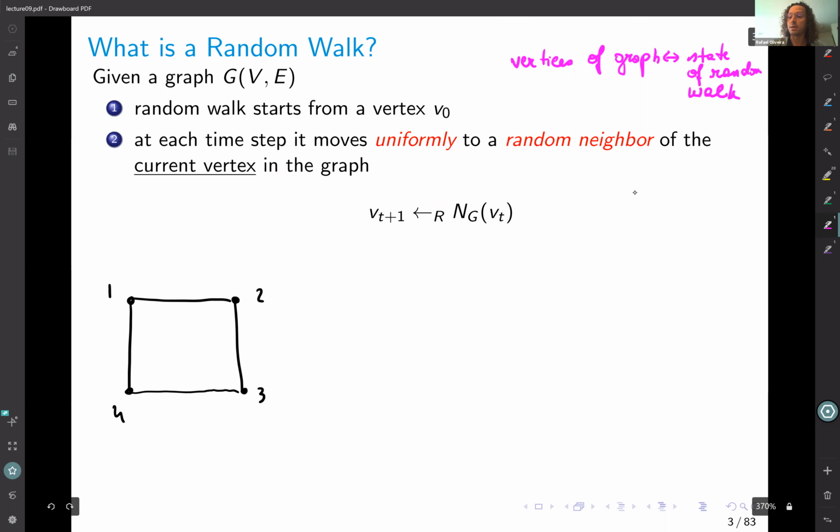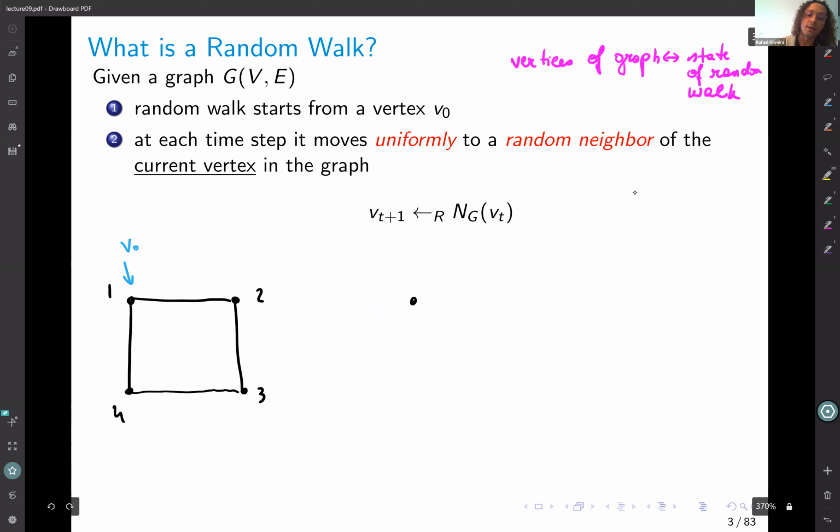So if we start here at vertex 1, let's say this is V0, our starting point, what do we do? From V0, we move with probability half to the vertex 2 or to the vertex 4. Let me draw the execution like this.